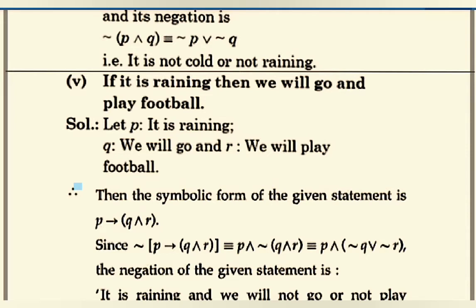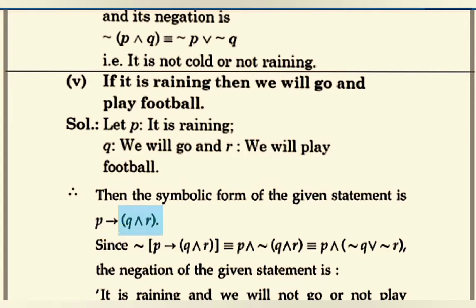First, the symbolic form of the given statement is P implies (Q and R). See again, implication here, because here the words "if and then" are used, so we write implication.